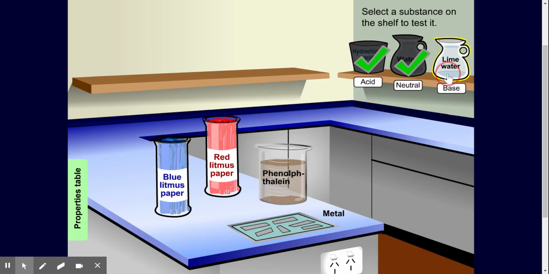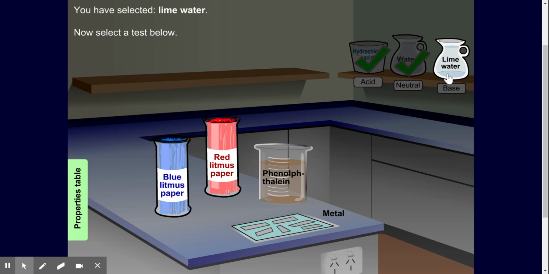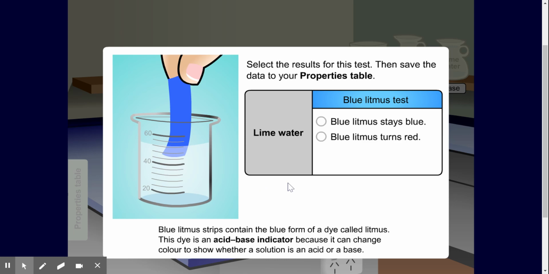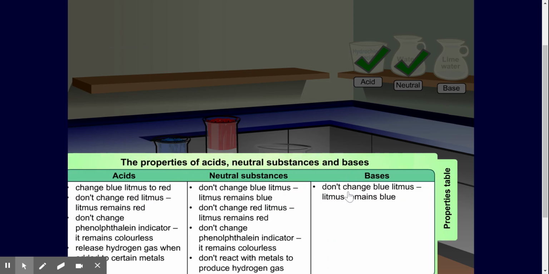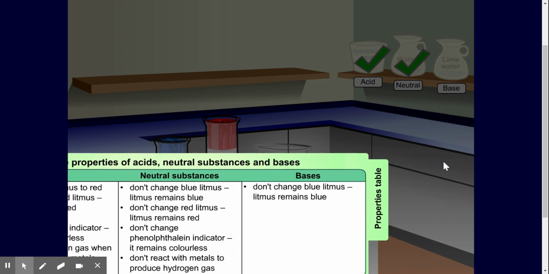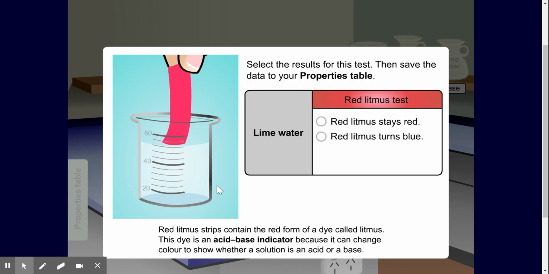All right, and finally we're going to do our base, which is lime water, which is just calcium hydroxide in water. Test with litmus paper. We see the blue litmus stays blue. Next, we'll test with red litmus paper. We see the red litmus paper turns blue.